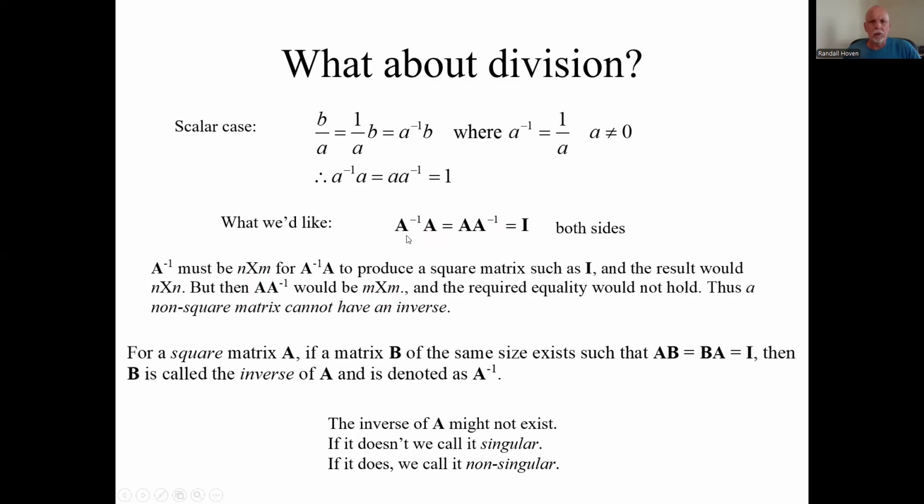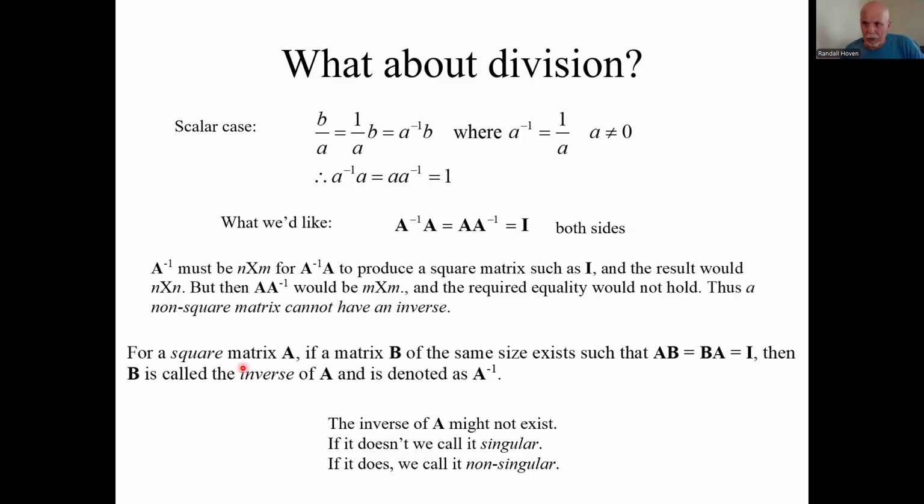I would get two different things here and here. So a non-square matrix cannot have an inverse defined this way, because we're going to require that you do the multiplication from both sides to get the same result. It's a two-sided inverse.